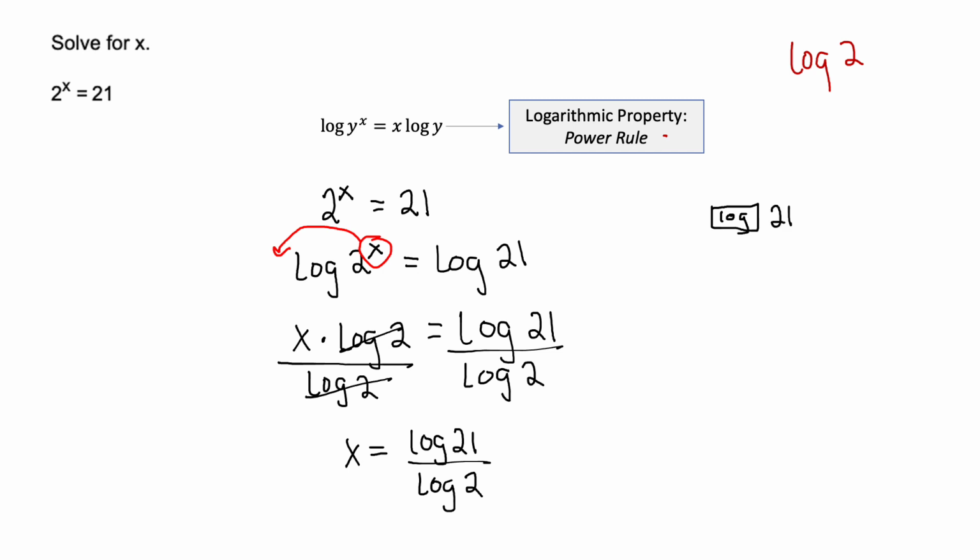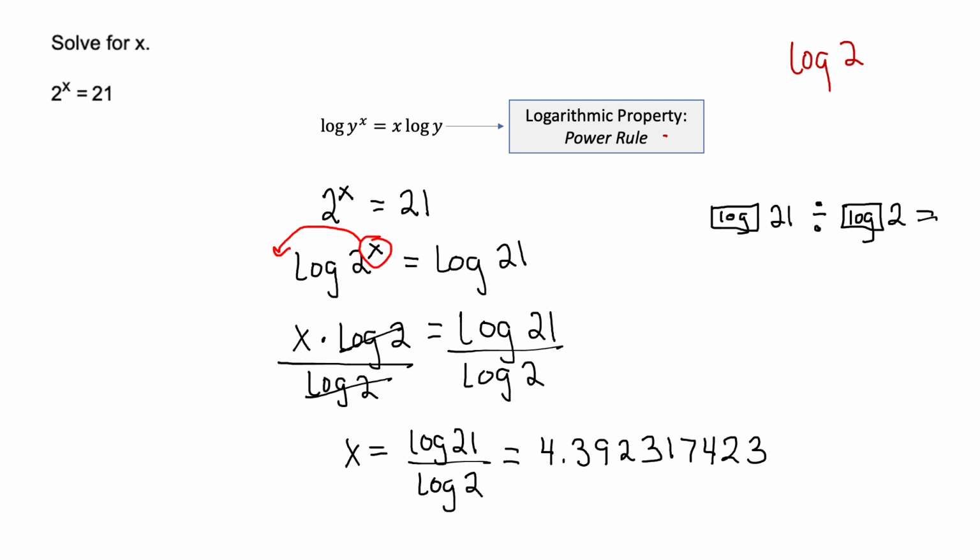Next, you'll select the division symbol, and then you'll divide by the log of 2, and then push equals. When you finish that calculation, your calculator should give you a value of 4.39231743.